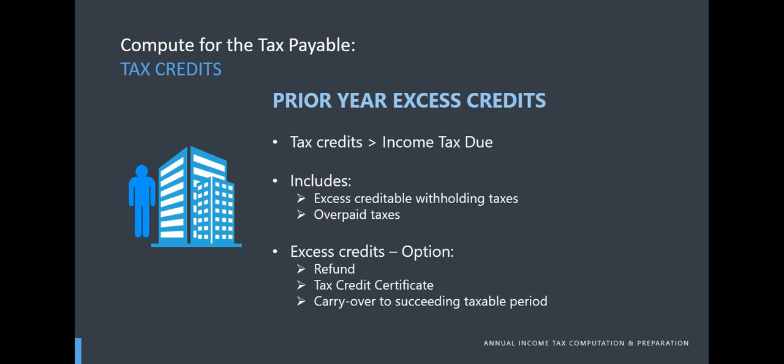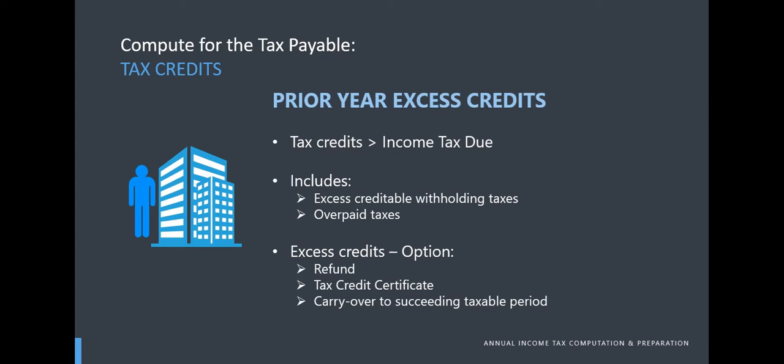Excess credits, a taxpayer has the option to apply for a tax refund, apply for a tax credit certificate, or carry over to succeeding taxable period. So, excess credits cannot be applied to other form of taxes.